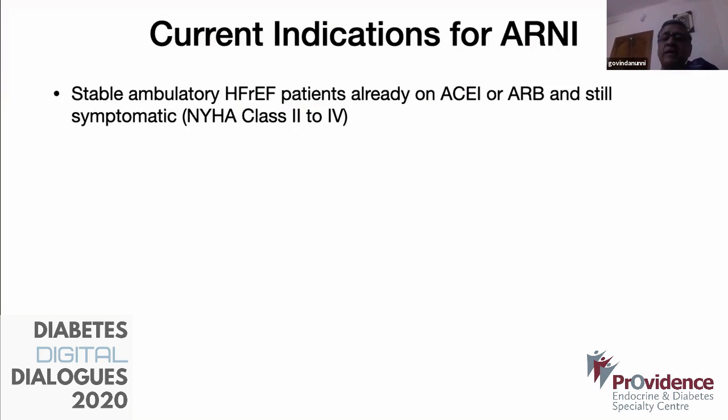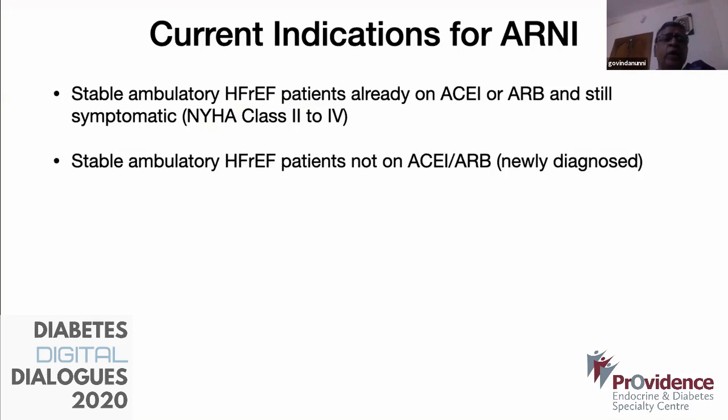So asymptomatic class 1 patients, there is no role for ARNI. Now, what about those patients who satisfy all these criteria, except that they are not on ACE or ARB, which means newly diagnosed patients? Both the American Heart Association and the European Society of Cardiology now say that in these patients also, you can start the sacubitril/valsartan combination because of the high benefits that are seen in the PARADIGM-HF trial.